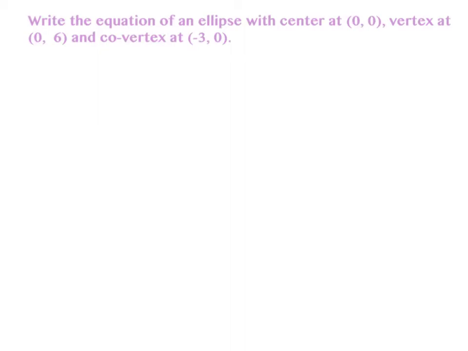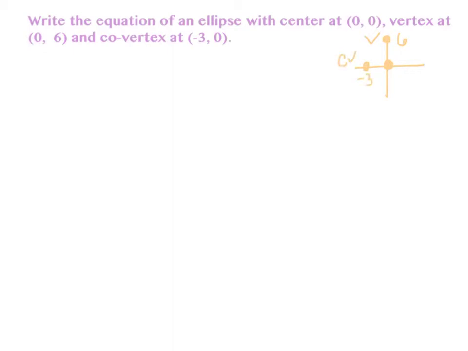Okay, in this example, we're going to write the equation of an ellipse with the center at 0, 0, a vertex at 0, 6, and a co-vertex at -3, 0. So like I've told you guys before, it always helps to just sketch a quick little picture. Center's at 0, 0, vertex is at 0, 6, and co-vertex is at -3.